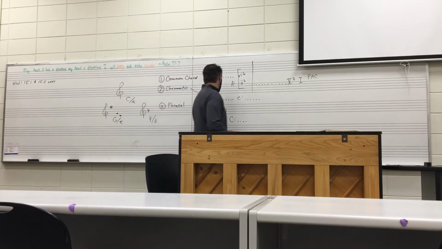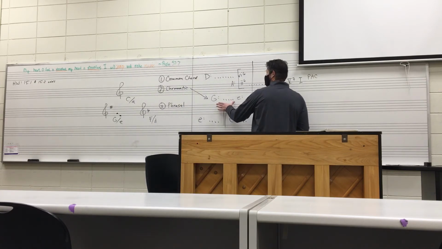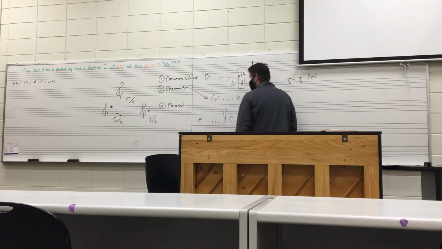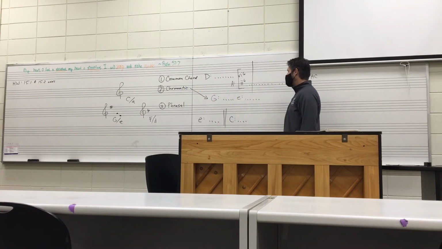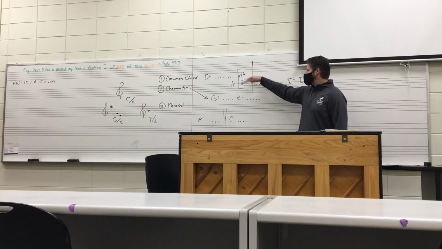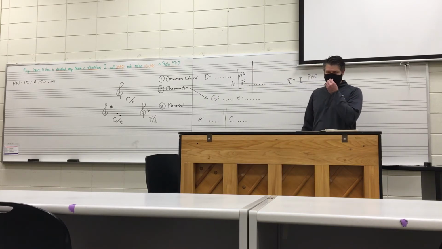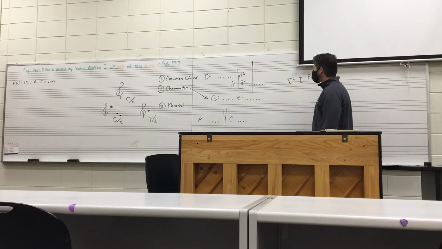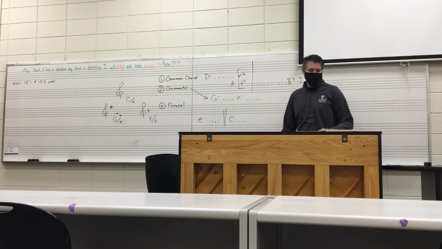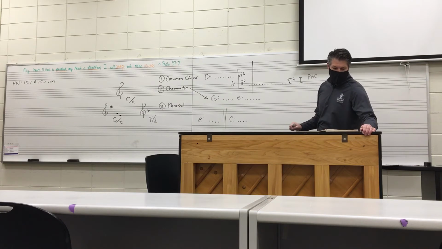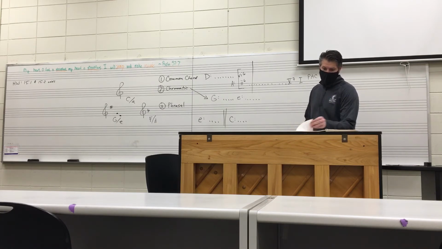So in that way, it looks somewhat similar to the chromatic modulation. Common chord, pretty distinct. With the bracket and the two separate planes, those are the differences between our modulation types.